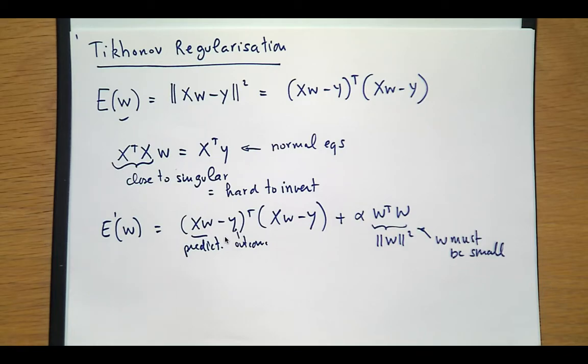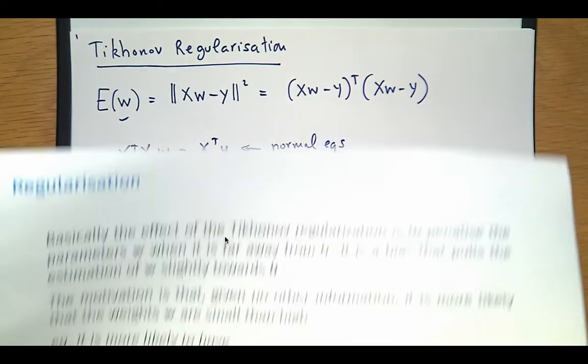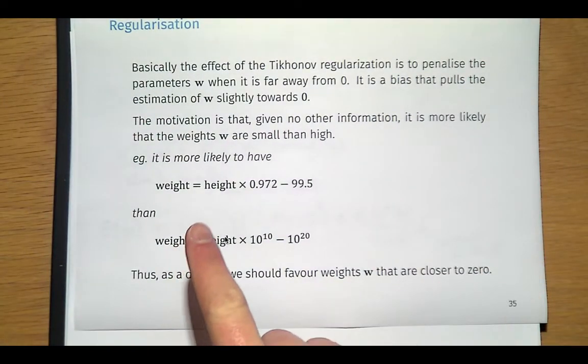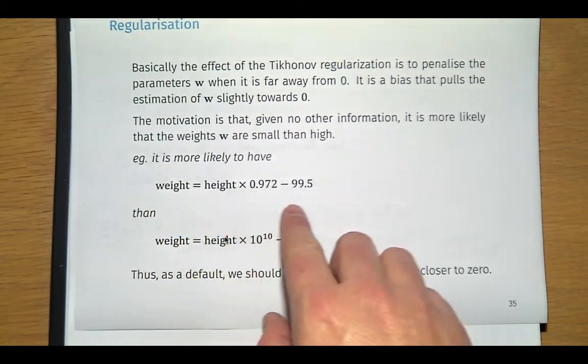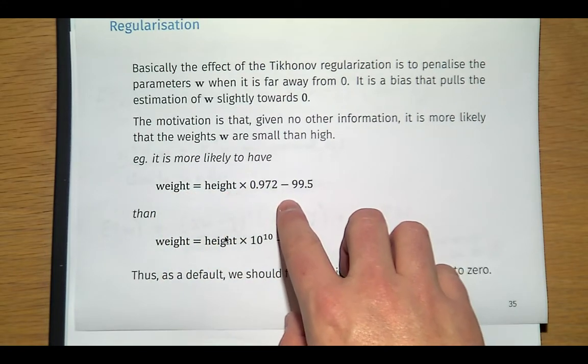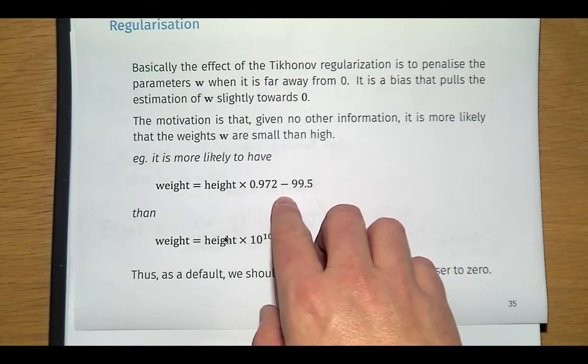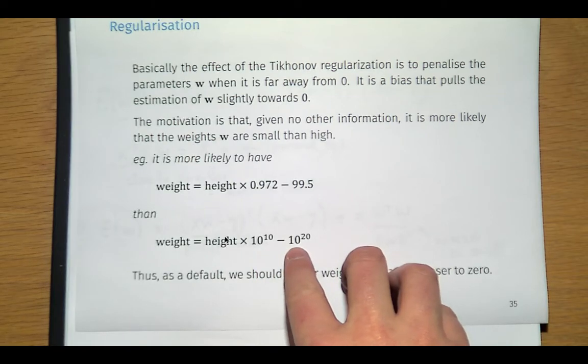It's slightly arbitrary, but the point is, if you do least squares, what is more likely? I'll just show this example here. Is it more likely that the curve you want to fit is this one, with numbers that are reasonably small, or to have something like that?